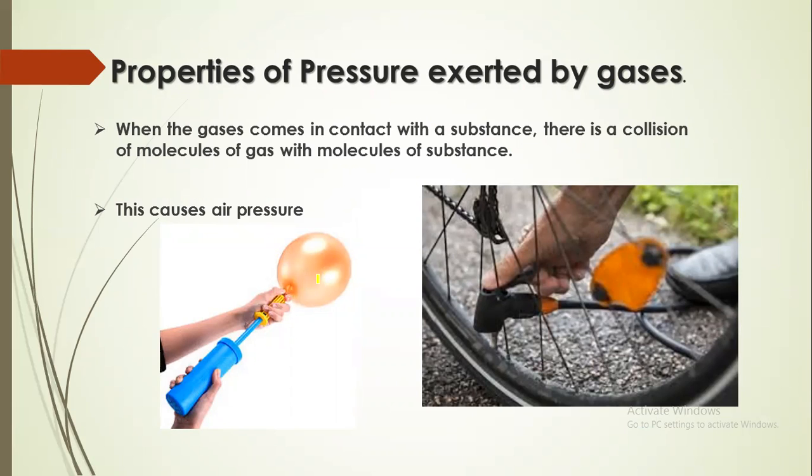Because the air molecules exert pressure upon the balloon. In the second image, we can see that the man is pumping air into the tire. The tire gets bigger in size. Why? Because air molecules push the tire outwards.